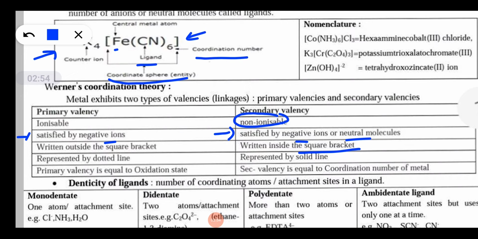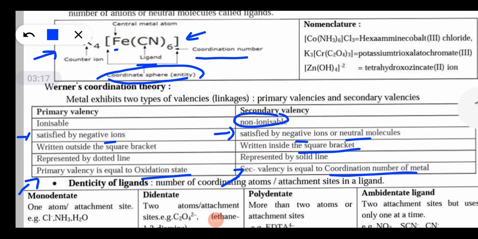Inside this square bracket, the secondary valency is present. So CN 6, actually this is the secondary valence. Secondary valence is equal to 6. Primary valence is equal to the oxidation number and secondary valence is equal to the coordination number of the metal.